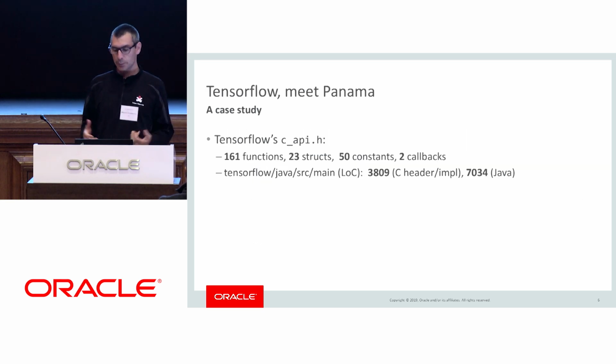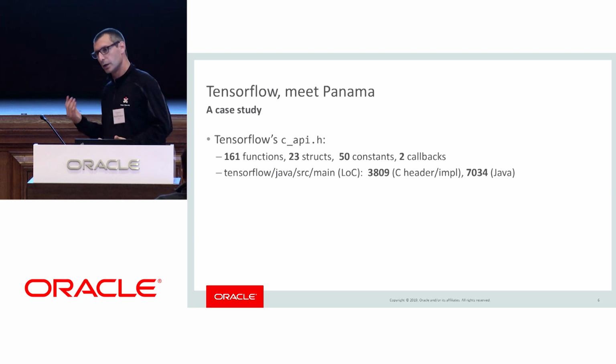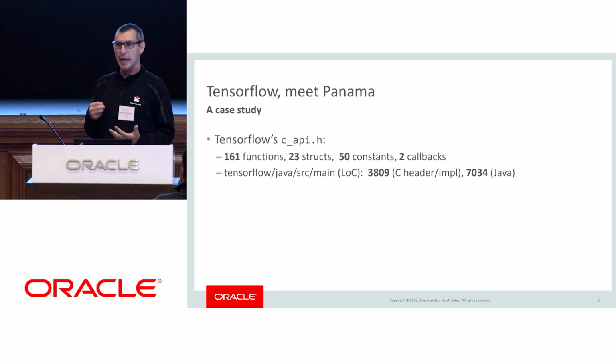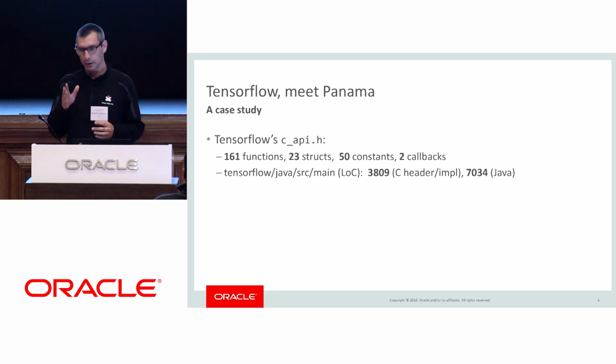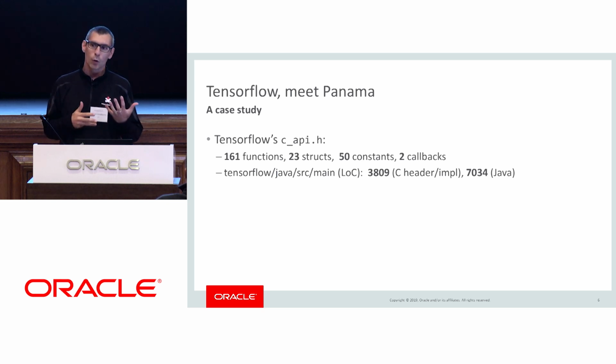So as an example, TensorFlow. TensorFlow is a big library. It has 160 functions, 23 structs, and I'm talking about the C API. And if you go inside the GitHub repository, don't take my word for it, if you go in the Java branch, there are almost 4,000 lines of native code.